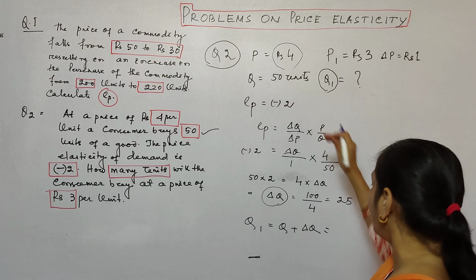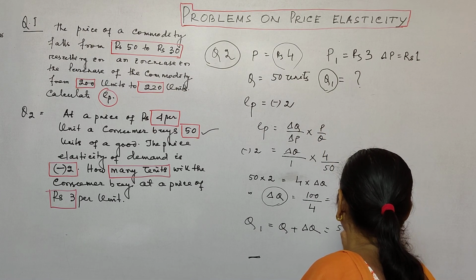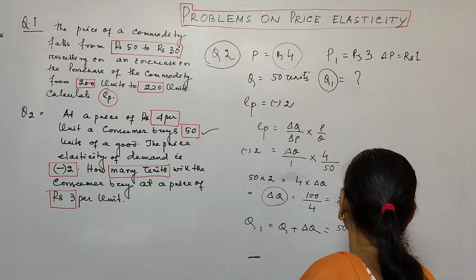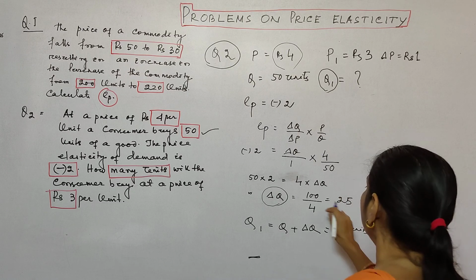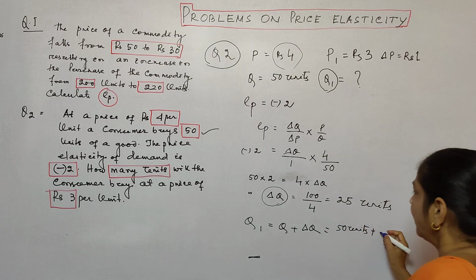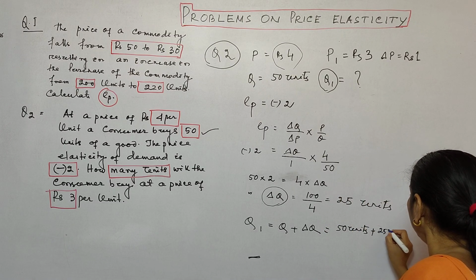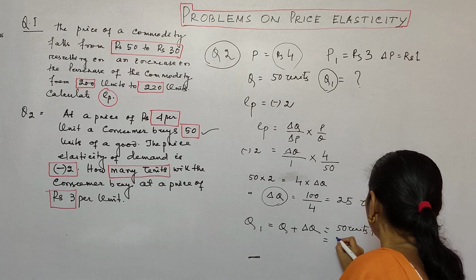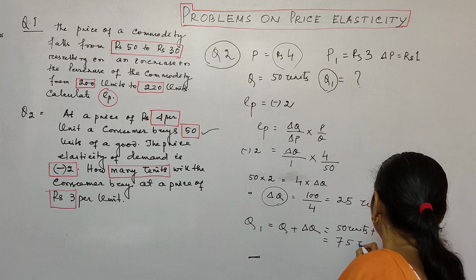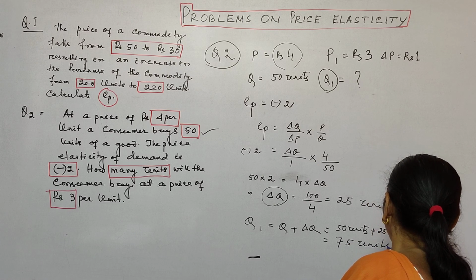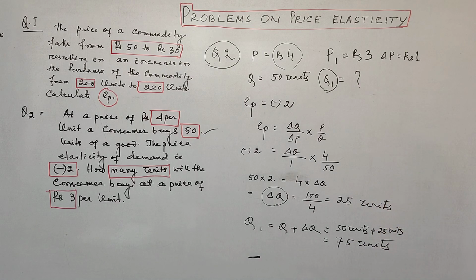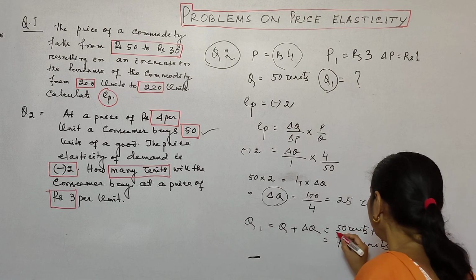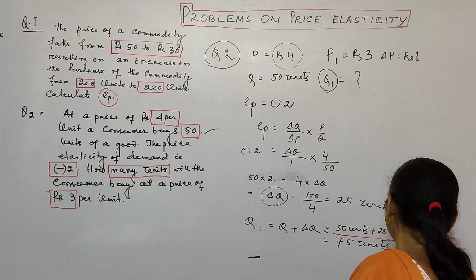So our Q was 50 units plus the increase delta Q, 25 units. It comes to 75 units. So friends, you see here, this is our answer, 75 units.